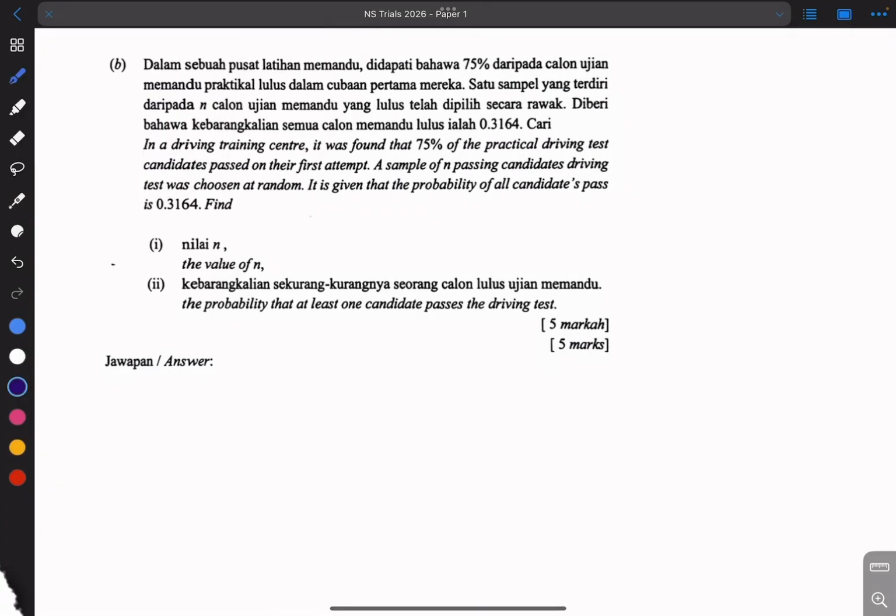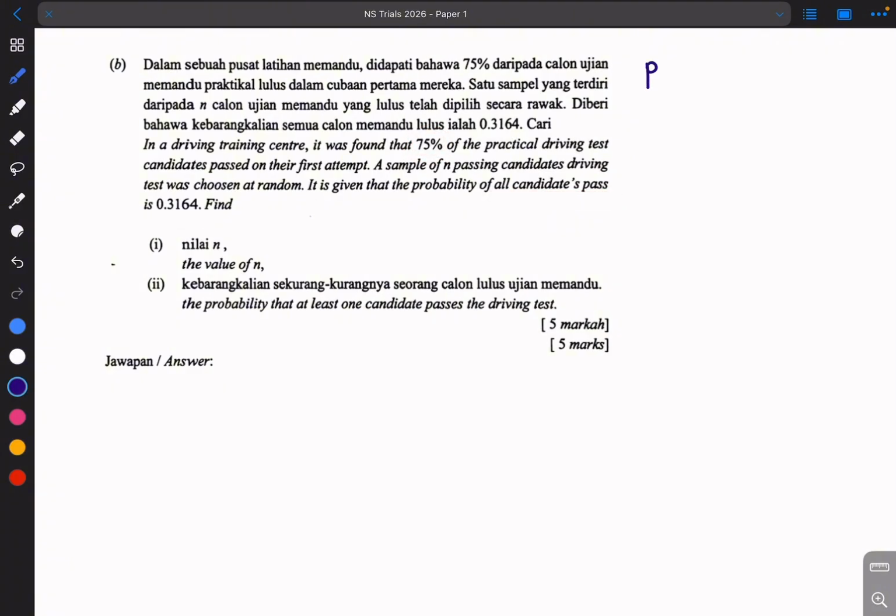Done. B. In a driving training center, it was found that 75% of practical driving test candidates passed on their first attempt. A sample of n candidates taking the driving test was chosen at random. Probability of all candidates passing is this. So 75% passed the driving test.